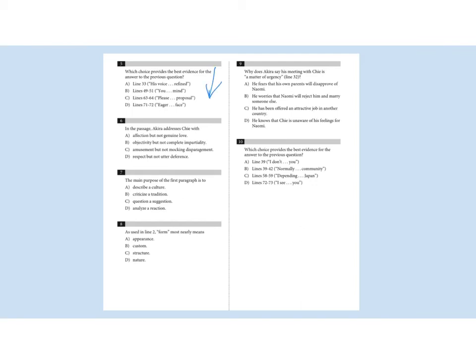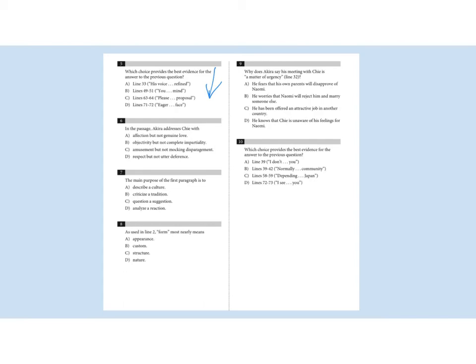If you answer this, then what's your proof for it? This is a problematic kind of question because if you get the first one wrong, you're going to back it up with the wrong evidence. So really take care when you're answering these double down questions.